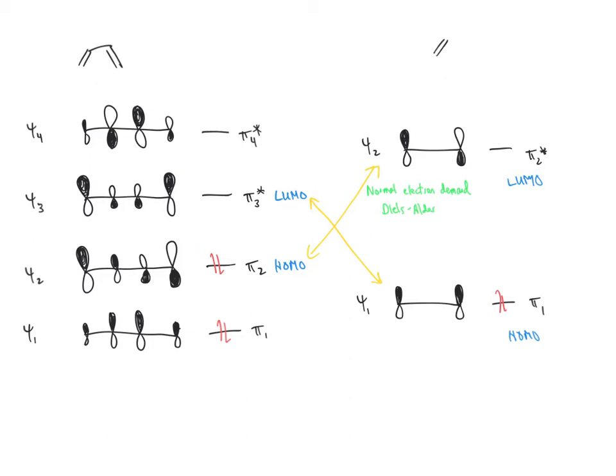And in the other case, in which you're reacting the HOMO of the dienophile with the LUMO of the diene, we call that an inverse electron demand Diels Alder reaction. And so let's try to set up the transition state for both of these cases. Normal electron demand Diels Alder reaction first. All right, so this is a normal Diels Alder reaction.